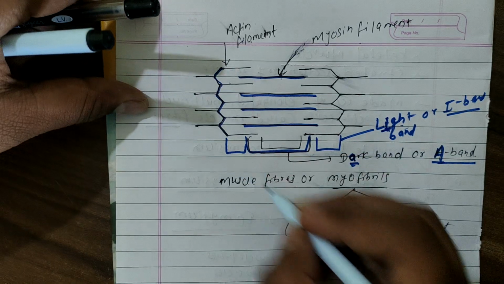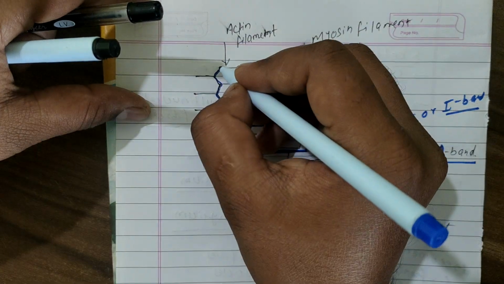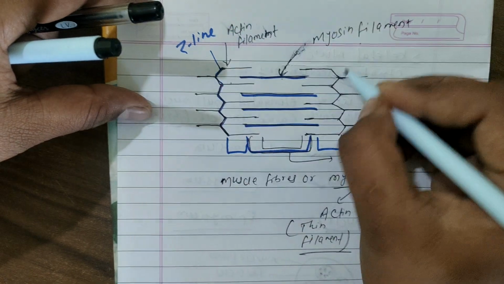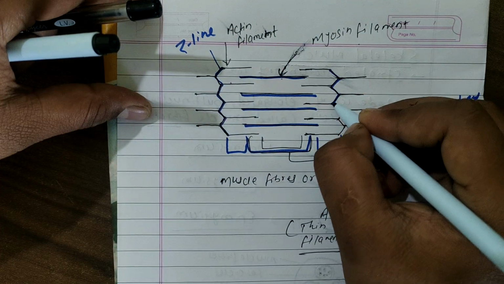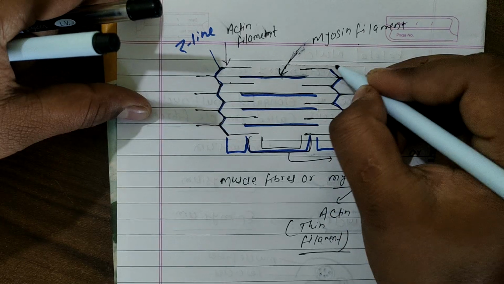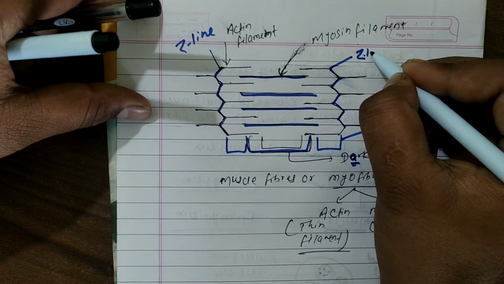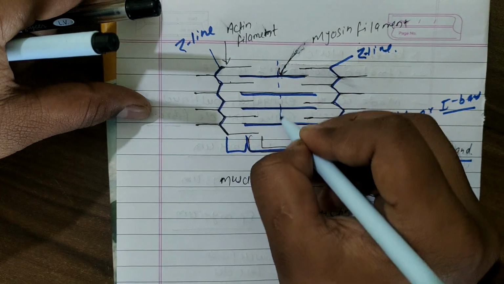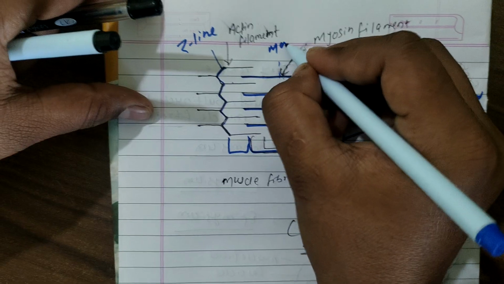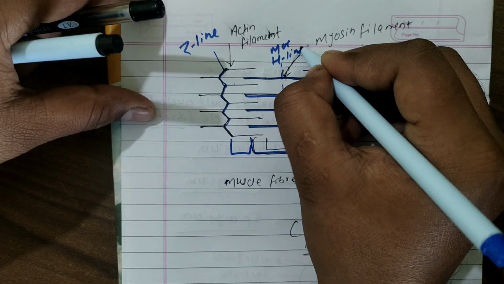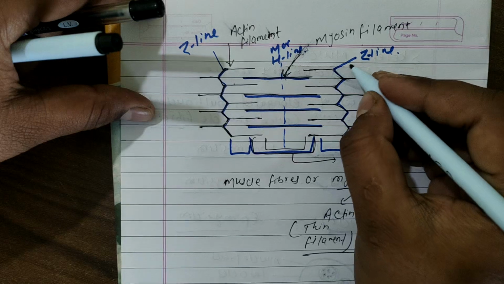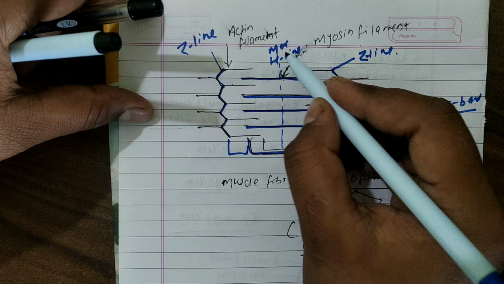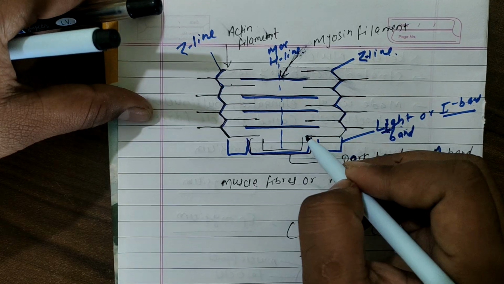This is known as the Z line, and similarly this line is also known as the Z line, and the middle of the myosin is known as the M or H line. So the Z line is the middle of the actin filament, and the M or H line is the middle of the myosin filament.